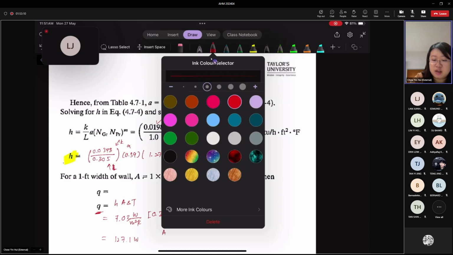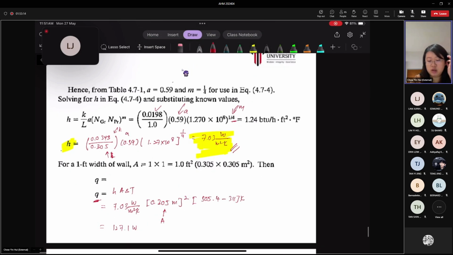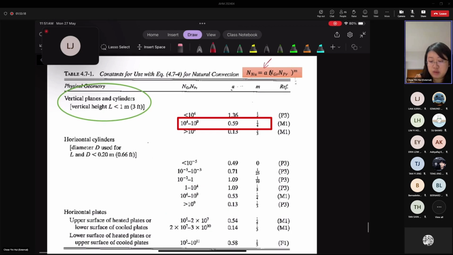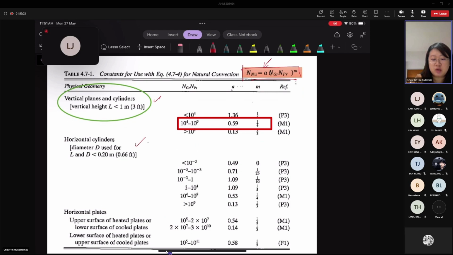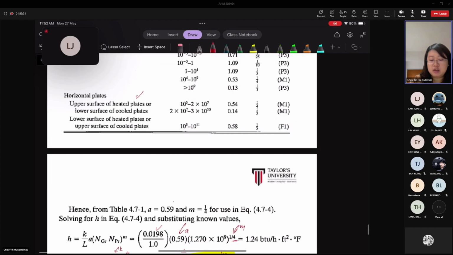Okay, all right. So this is the example of natural convection. Basically, it is to introduce you to this correlation here and this table. Depending on what geometry you're dealing with, referring to the product of Grashof and the Prandtl number, you can find out what the A and the M value are.